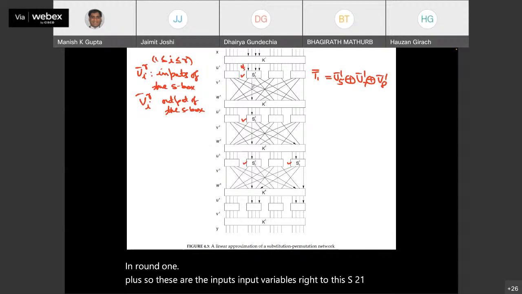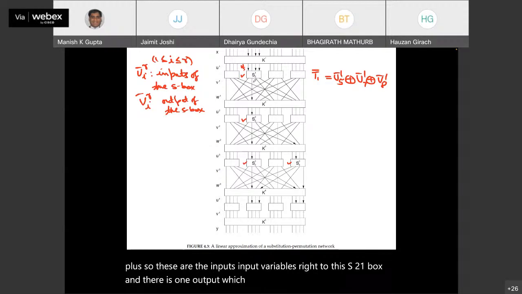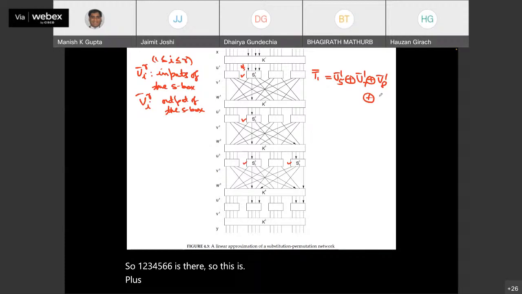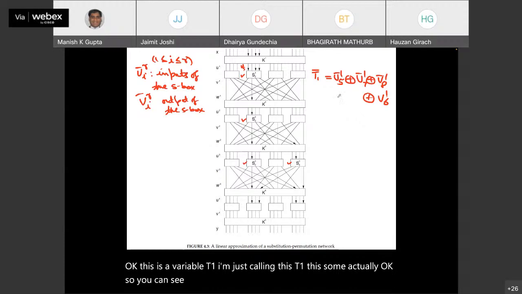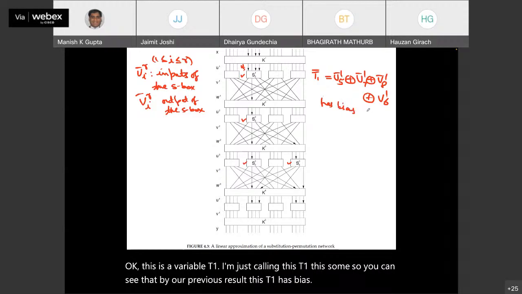And there is one output. Which output number is this? 1, 2, 3, 4, 5, 6. 6 is there. So this is plus V61 in round 1. I'm just calling this sum T1. By our previous results, this T1 has bias 1/4.